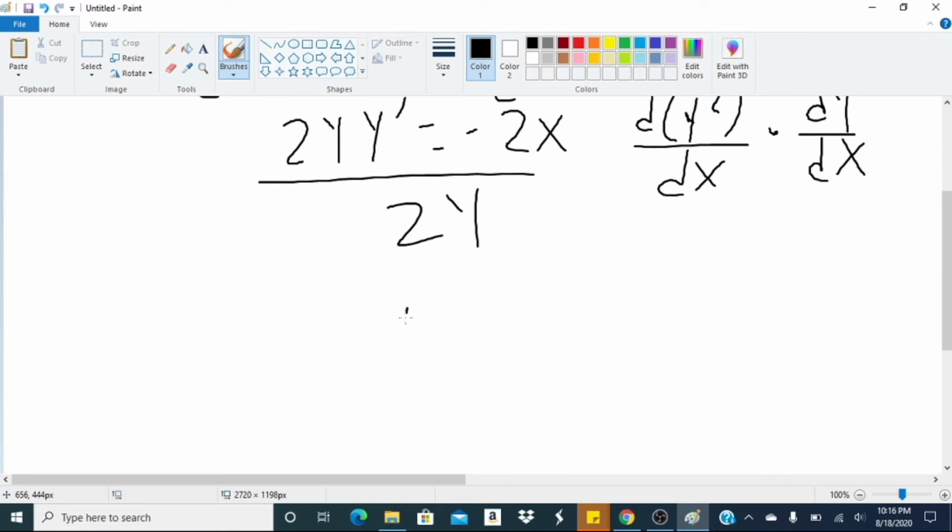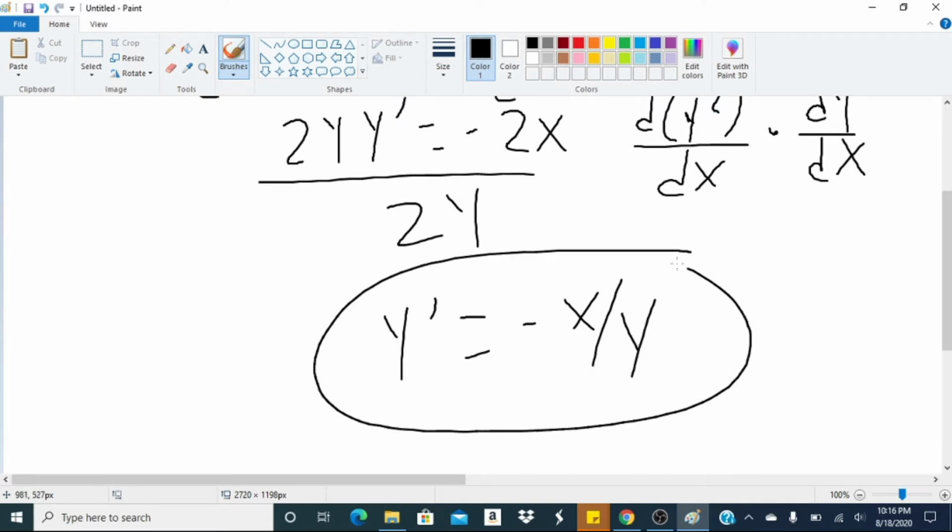And then that's going to result in y prime equaling negative x over y. This is very useful as using implicit differentiation can let us attain the slope of a tangent line, which is the basis of all differentiation problems in calculus.